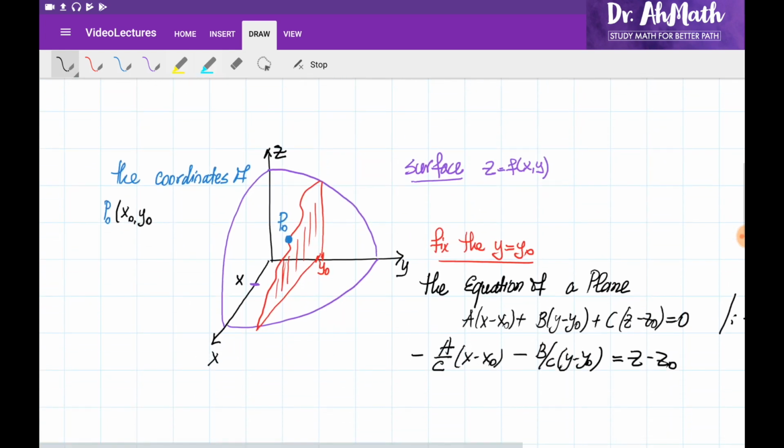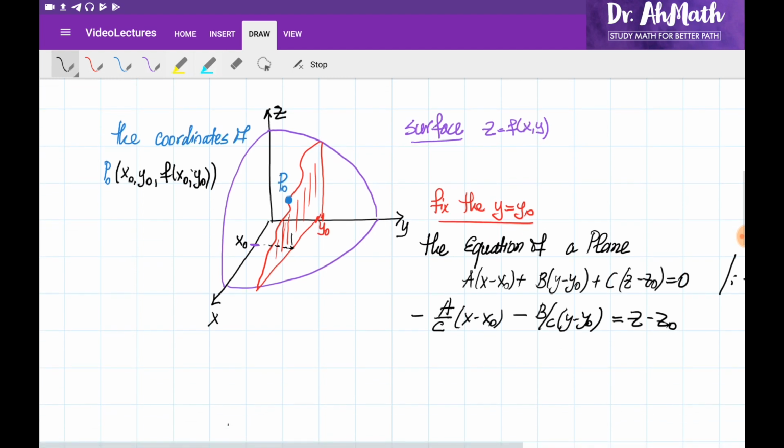I need to choose the x0 and y0, and at the intersection of these two points, this function f of x and y is going to give me the height of the surface, right? This is going to be f of x0 and y0. It's going to give me the height of the surface at this point.